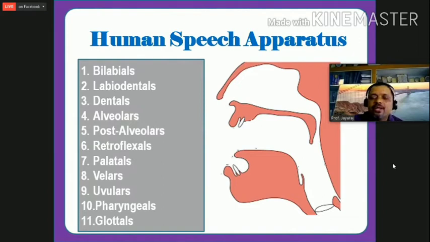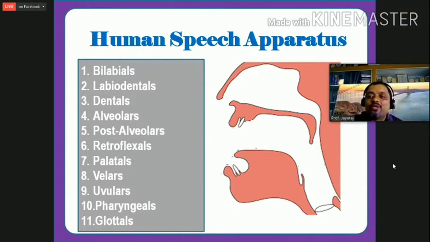One is ka, the other one is ka, the other one is ka. Three different regions, three different sounds. The prime is ka, but it sounds different when you change the place of articulation.